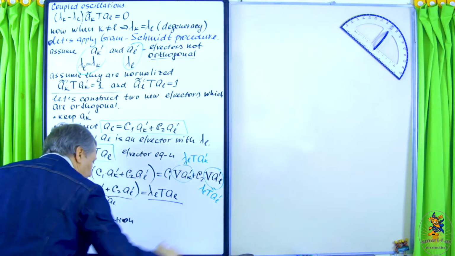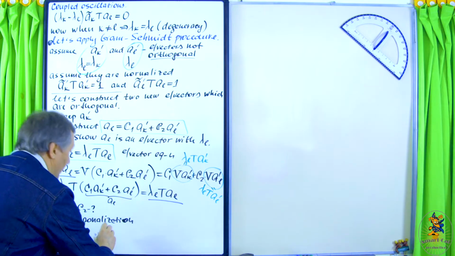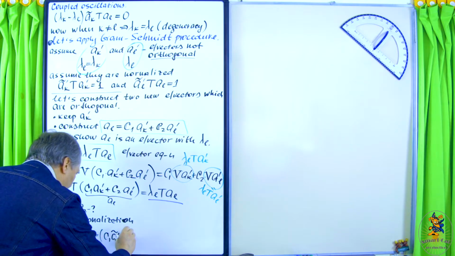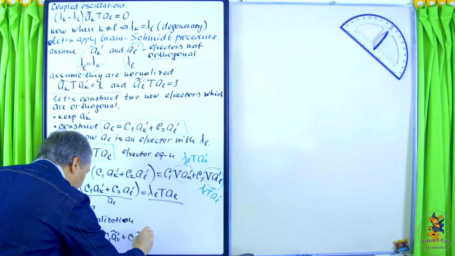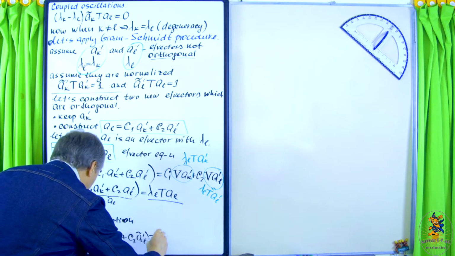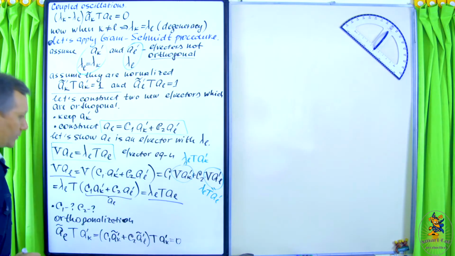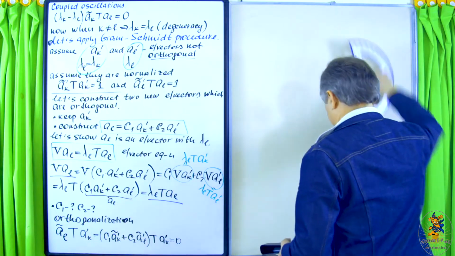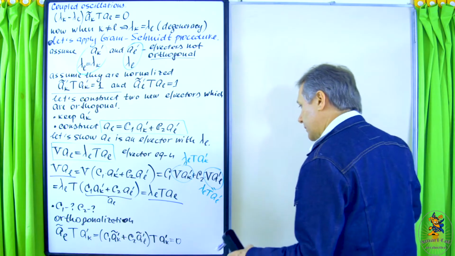So it will be, transposed, C1 A sub K prime transposed plus C2 A sub L prime transposed, T, and A sub K prime, and it must be equal to 0, right? Okay, now I need to move to that side. We just need to open the brackets, right? It's trivial.